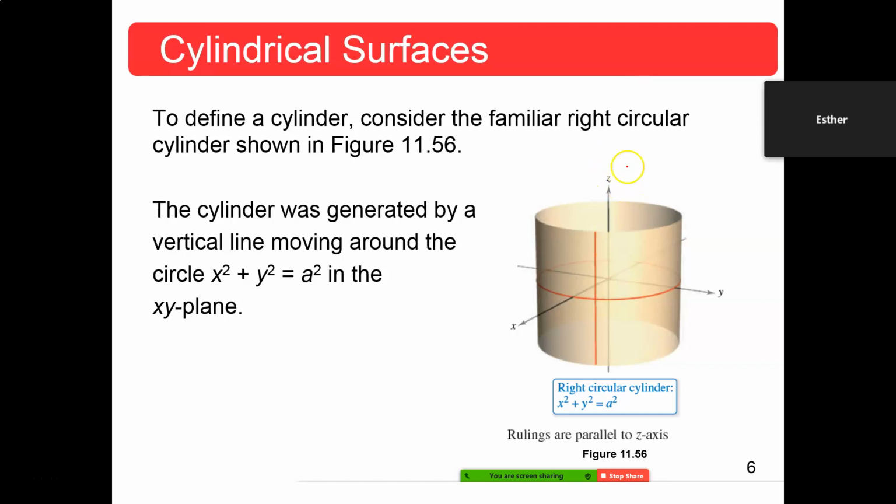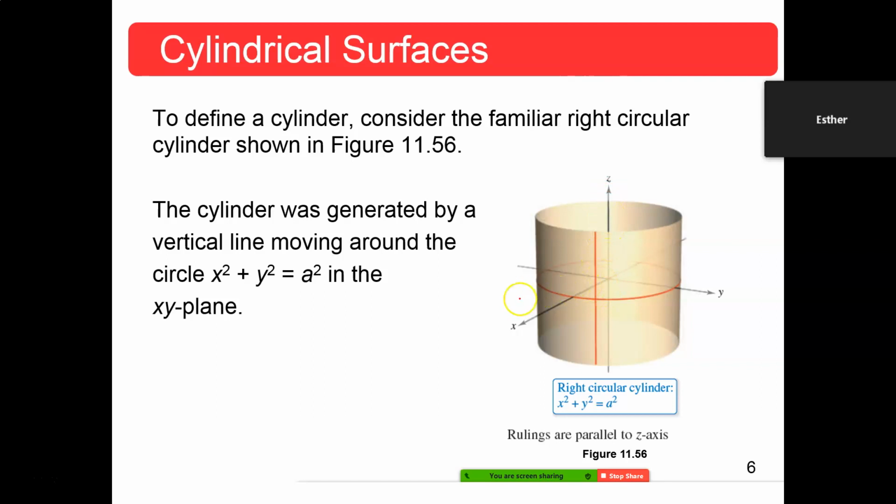Now, the cylinder is generated by a vertical line that moves along that circle. x squared plus y squared equals a squared. This is a circle in the xy plane, no z component at all, and this would be the right circular cylinder centered at the z-axis.